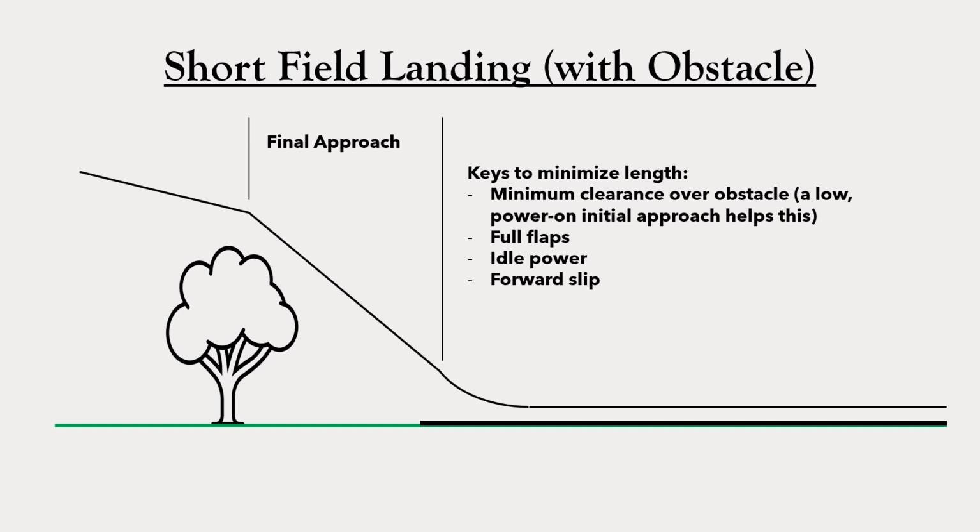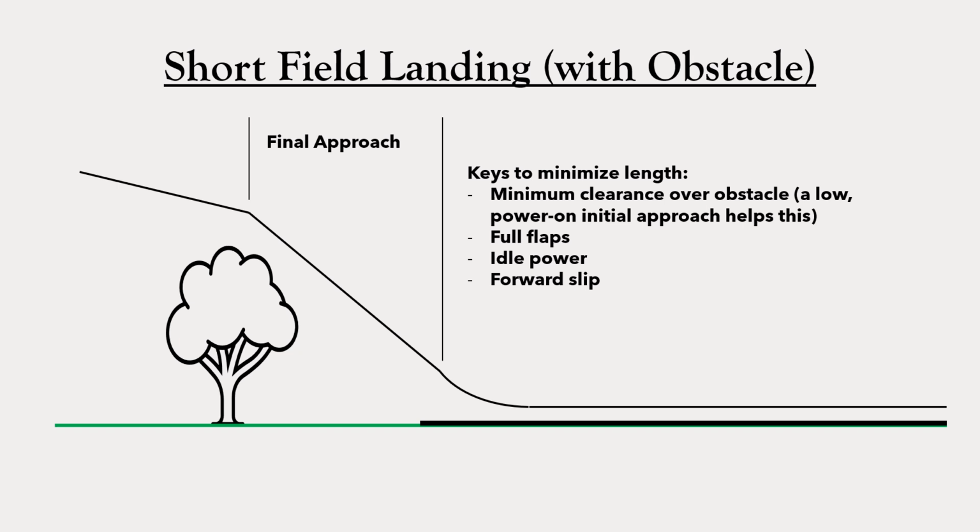Also, full flaps will help make our approach steep and idle power. So even if we're using power up until we get to that obstacle, we want to be at idle power once we've cleared the obstacle. And we'll want to use that forward slip that we learned about before from the dead stick landing.